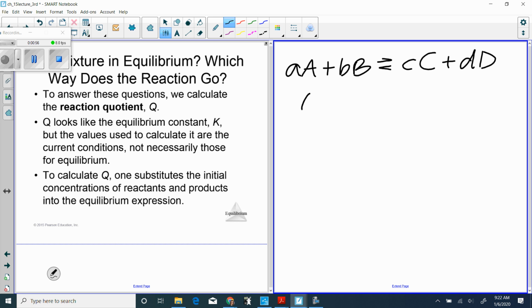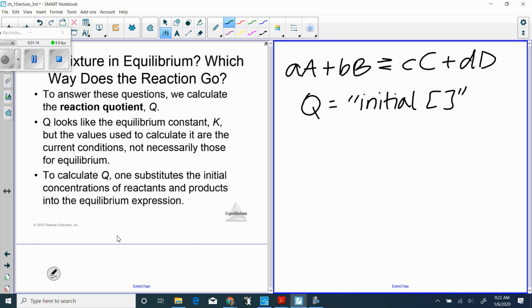And that's called Q. Q is for initial concentrations only, where before we had zeros in our initial concentrations. Nothing has happened yet. I didn't make anything. Now it's not going to be the same thing.